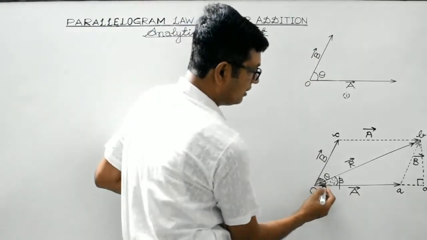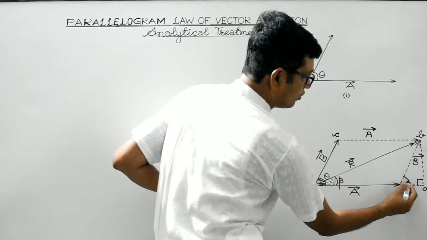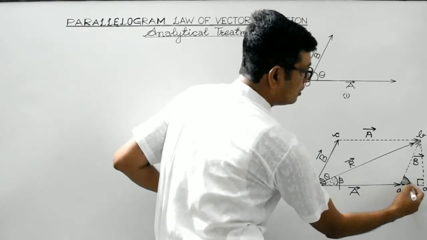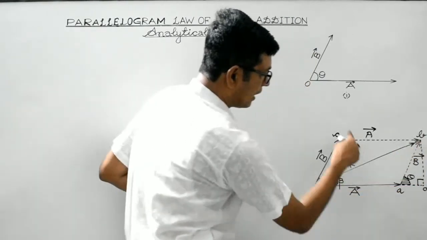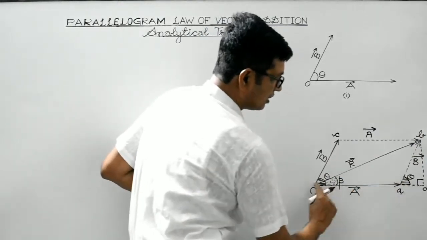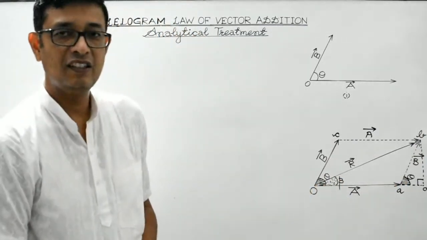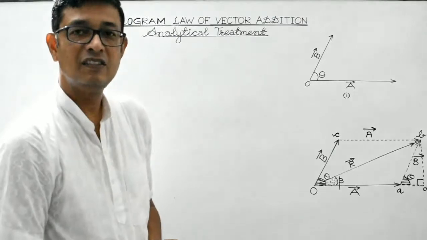If this angle is theta, this angle would also be equal to theta. These are two parallel lines, and this will act as a transversal, so these are a pair of corresponding angles. I hope the diagram is pretty clear.